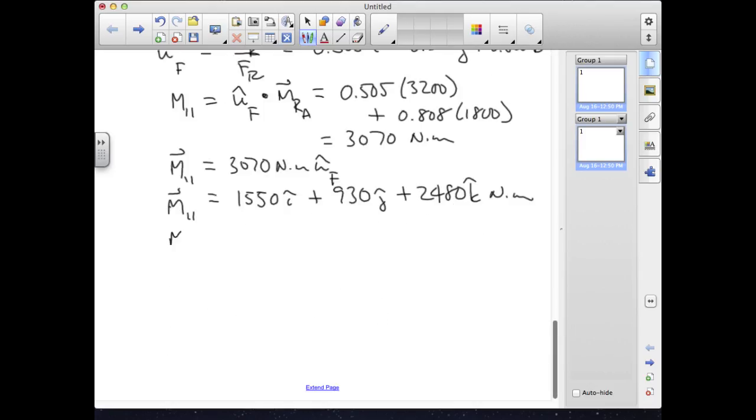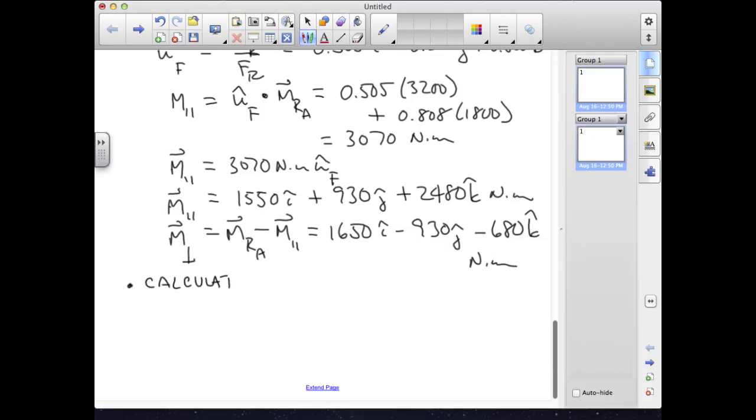We can then find the perpendicular component as the difference between the resultant moment at A and M parallel, and those components are equal to 1650I minus 930J minus 680K newton meters. Our final step is the calculation of the shift.